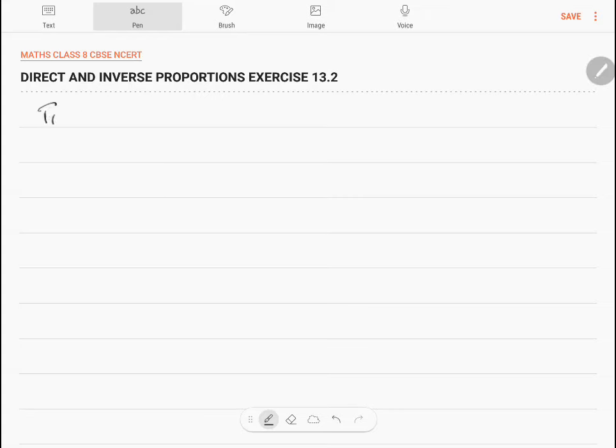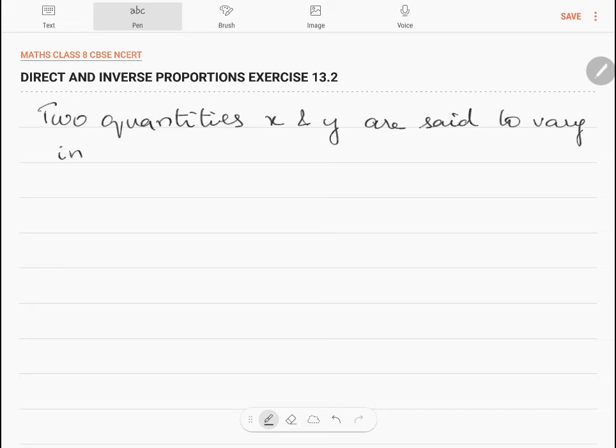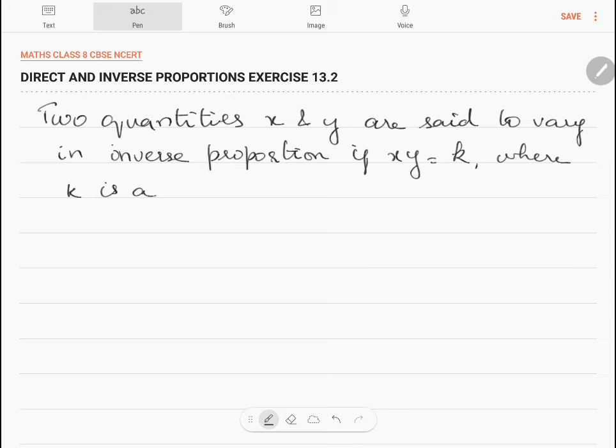So, two quantities x and y are said to vary in inverse proportion if xy is equal to k, where k is a constant.